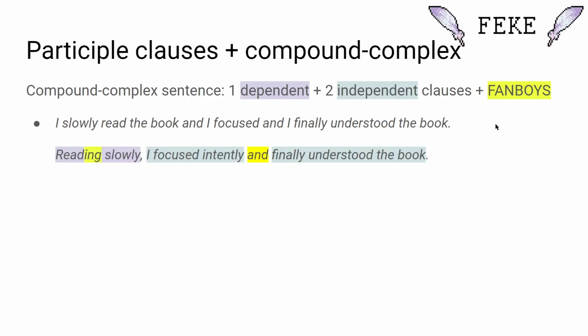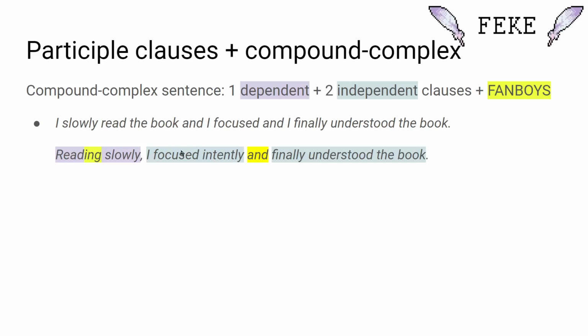And here I'm going to try to illustrate how you could divide it slightly and make it sound a little bit more natural by adding a participle clause at the beginning. So here we took the verb read, reading slowly. Reading slowly, I focused intently, and finally understood the book.